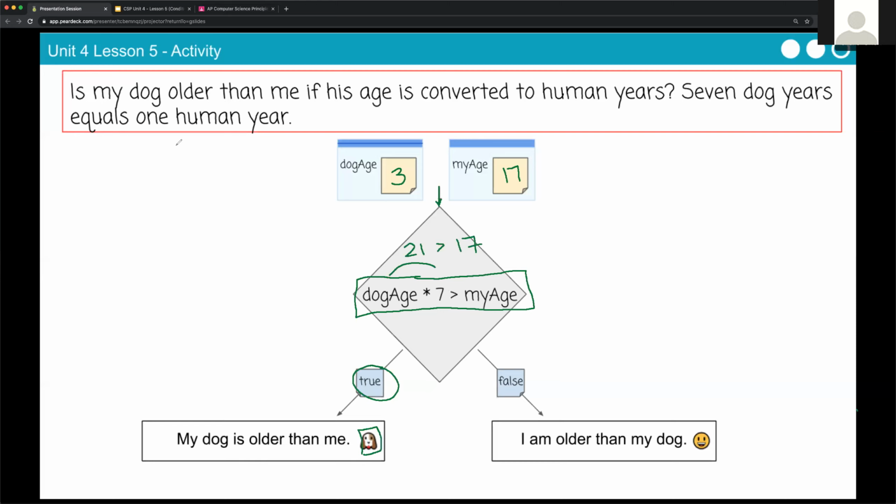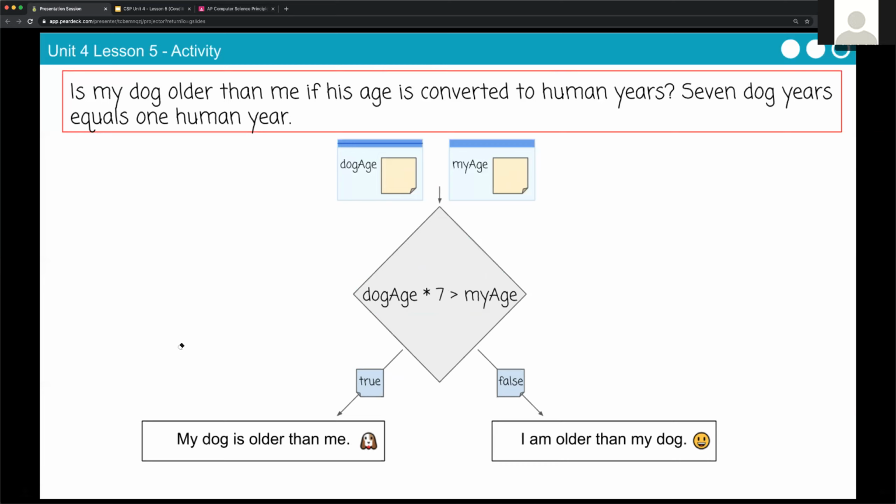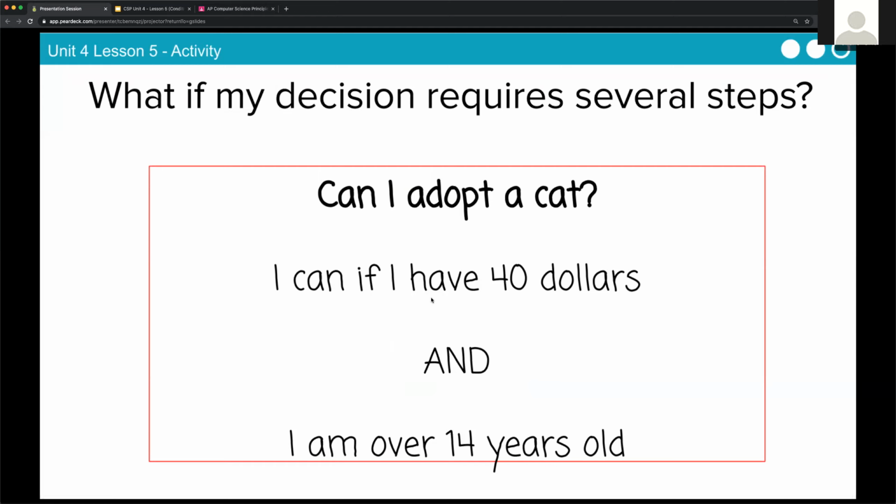Okay. So I think I've got another example for you to work through here. Let me erase this. Oh, I still have the eraser. There we go. All right. What we're ultimately leading up to here is this idea of compound Booleans, if my decision requires more than one true or false, so if my decision requires several steps.